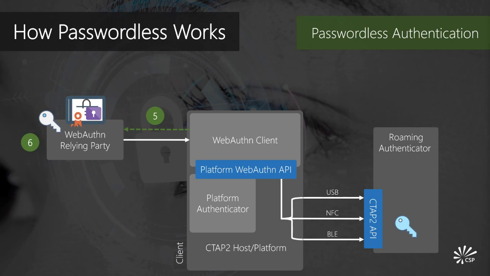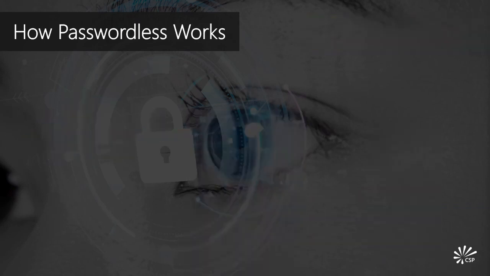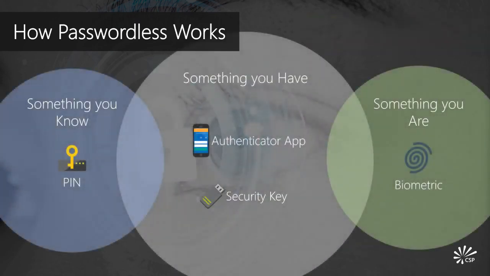I know we're running up on time, so I'm going to try to get through this quickly, but that question came up around, is passwordless a single form of authentication? What makes it better than multi-factor, or is it multi-factor? Hopefully this slide helps visualize how passwordless authentication does align with multi-factor authentication.